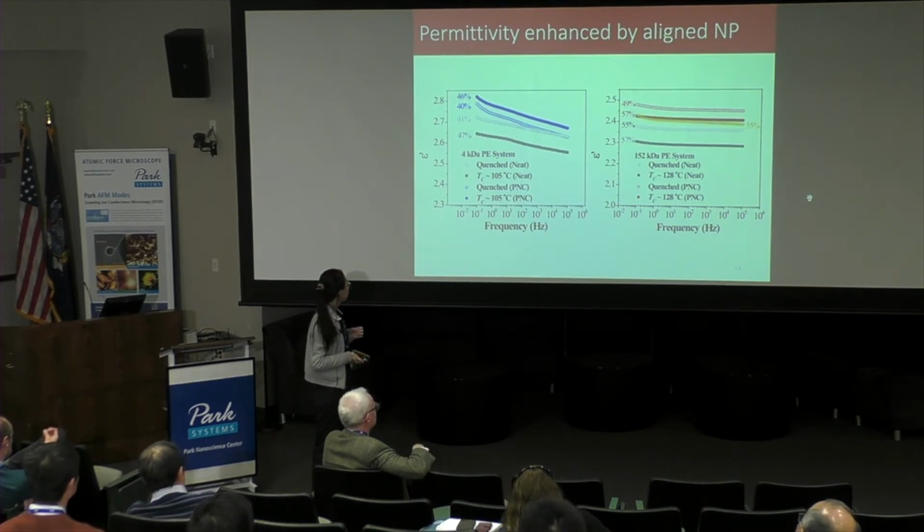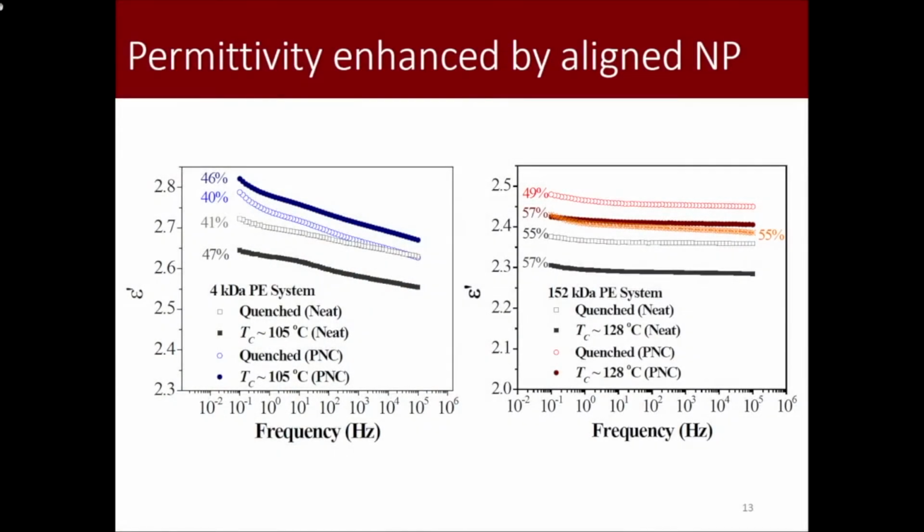One interesting thing, which is opposite to the mechanical property, is that the isothermal crystallized sample has the highest crystallinity, but it also shows very high permittivity. This is mainly because of the alignment of the nanoparticles instead of the crystallinity.